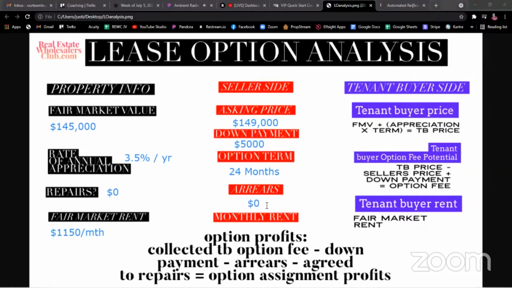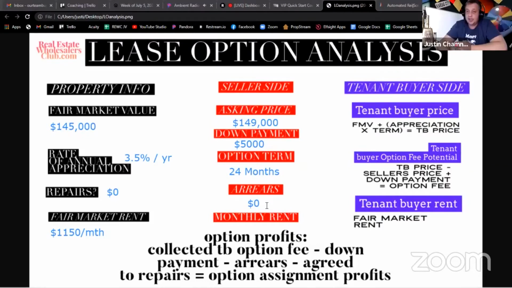Mhm. Yeah. So, this is slightly off topic, but how would you find out if you were going to sandwich this one, or if you were going to be the tenant buyer, whether this guy's got any more liens on his property or anything that he's not telling us about that would screw up my deal and he'd just steal my money? What is the process for figuring that out?